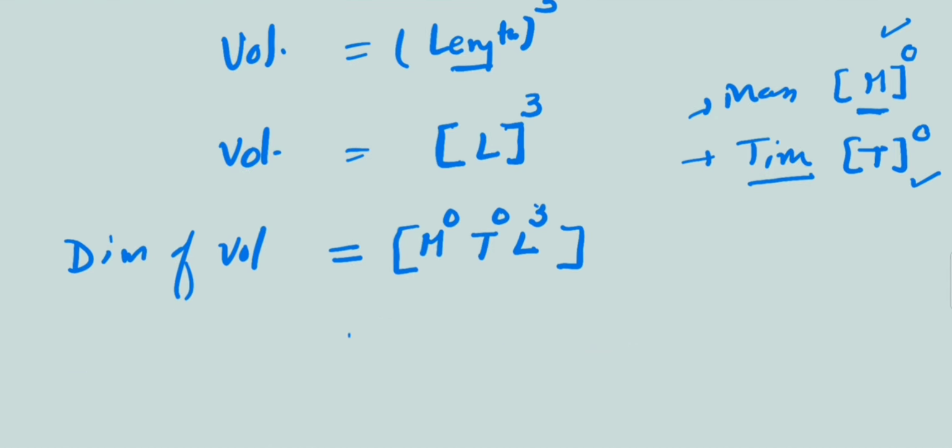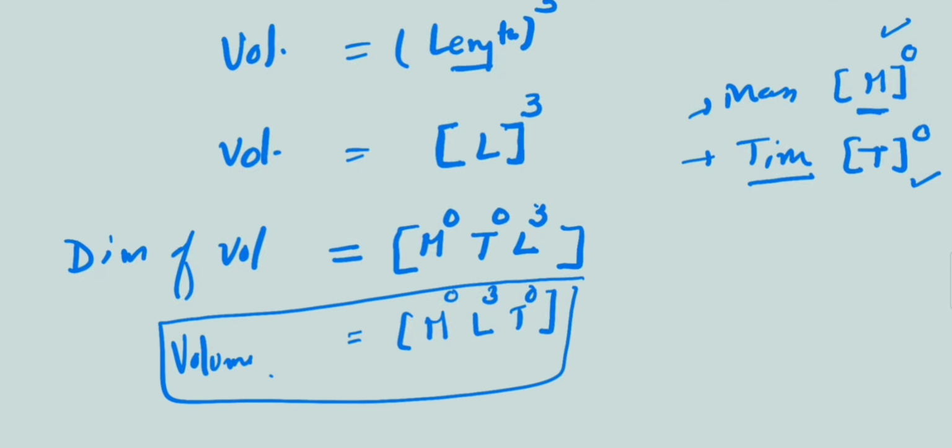So the dimensional formula for the volume is [M^0 L^3 T^0]. Similarly, we can find the dimensional formula for other derived quantities like area, velocity, force, and so on.